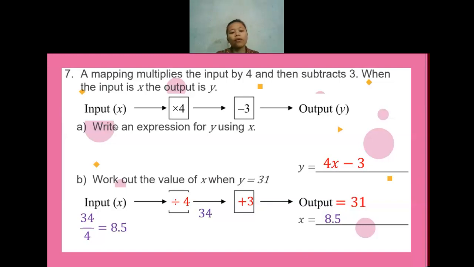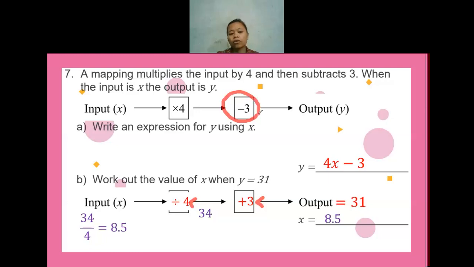And then for question B, work out the value of x when y is equal to 31. So we already have the output, which is equal to 31. When we already have the output, don't forget to do the operations from the back and do the opposite. So this is 31, we add 3 because this is subtract 3.